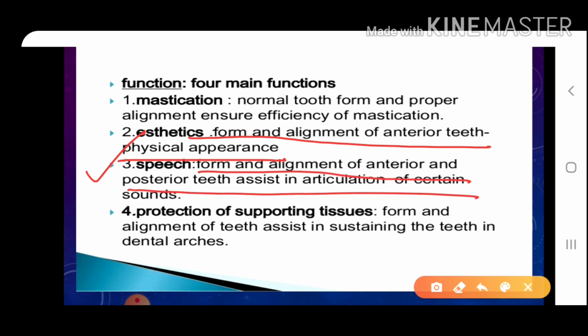The alignment of the anterior and the posterior, which just refers to the upper and lower teeth, assists in articulation of certain sounds. Certain sounds are produced with more clarity when we have teeth present on both the upper and lower jaw. Therefore, speech is another major function of the teeth.